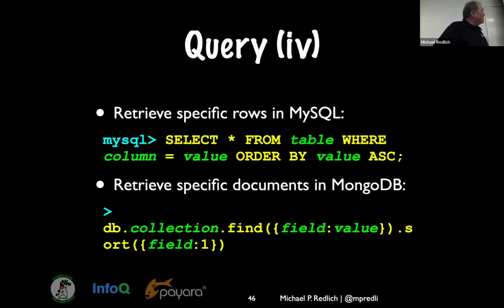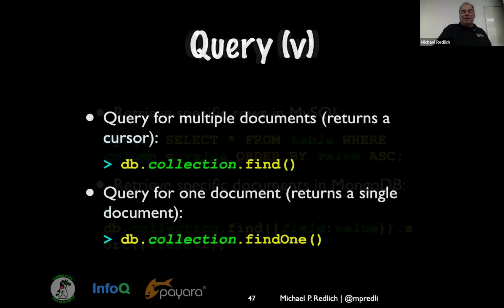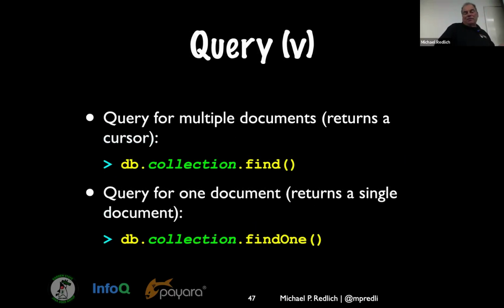I can show you that in a minute too. Let's see. Query for multiple documents returns a cursor. Okay, yeah. There is a find one, and in my experience, it's been the first one you enter, but there's other ways you can use the find one as well. We'll get into that.